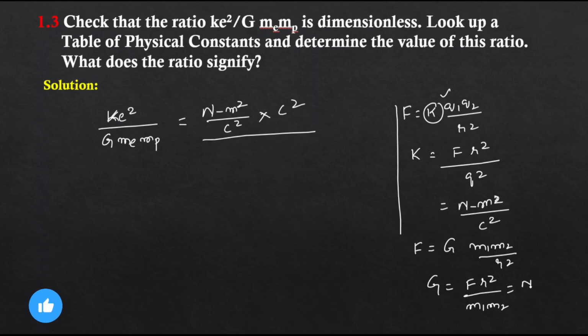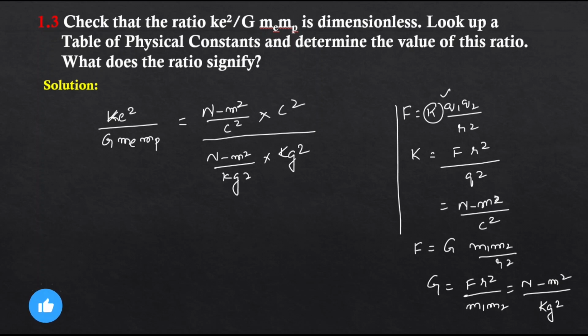So we can write Newton meter square by kilogram square, since M1 and M2 are the masses. So I'm going to write here Newton meter square by kilogram square into, here mass of the electron and mass of the proton, so both are mass values only. So we write kilogram square again.